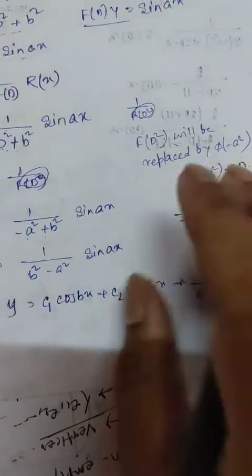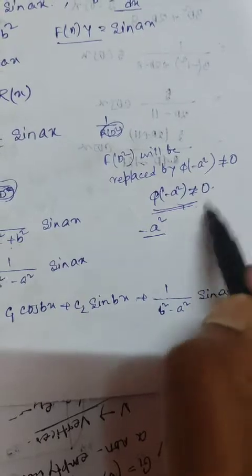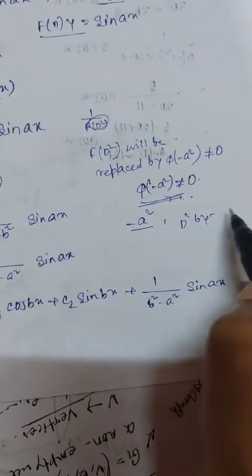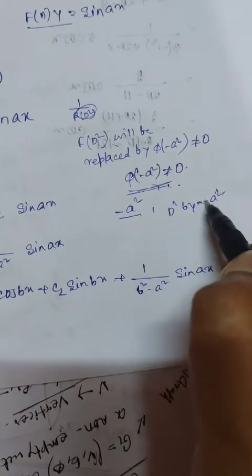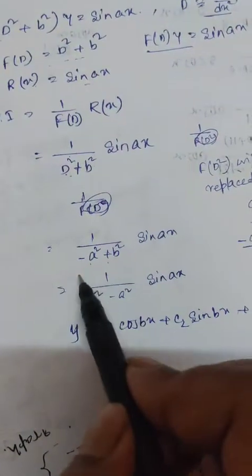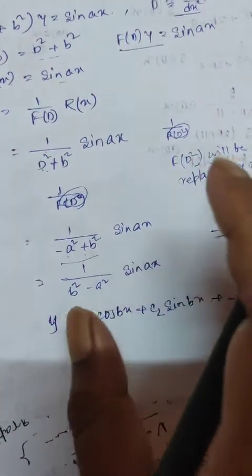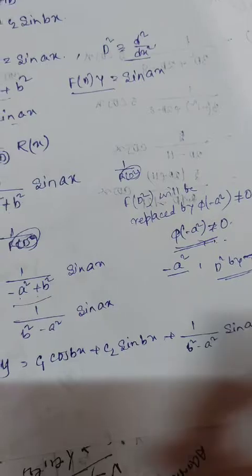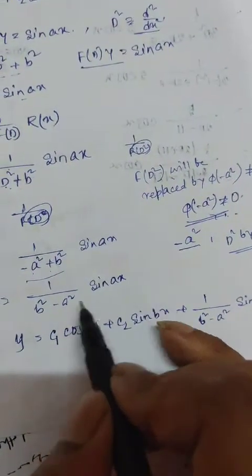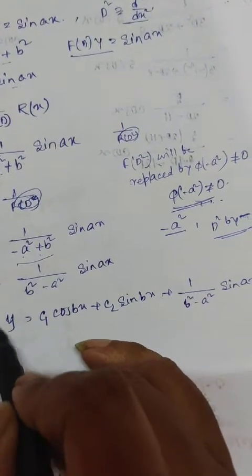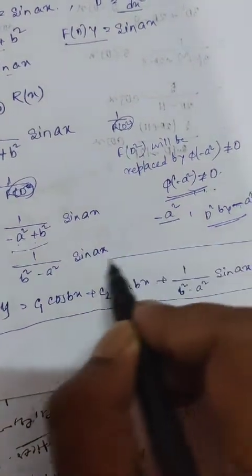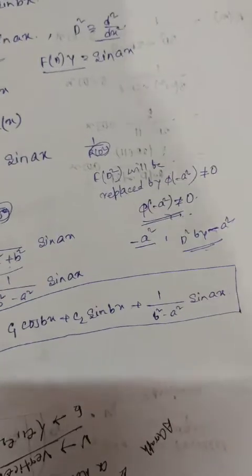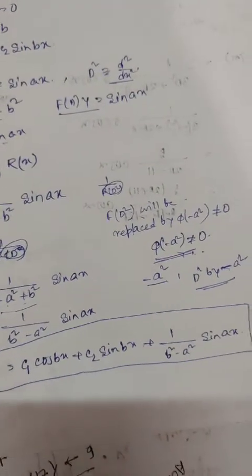Phi of minus a square is not equal to 0, that means after replacing d square by minus a square, the denominator term is not equal to 0. If it is equal to 0, we will discuss that in the next video. So the solution is y is equal to c1 cos bx plus c2 sin bx plus 1 by b square minus a square sin x. I hope you understand how to solve it.